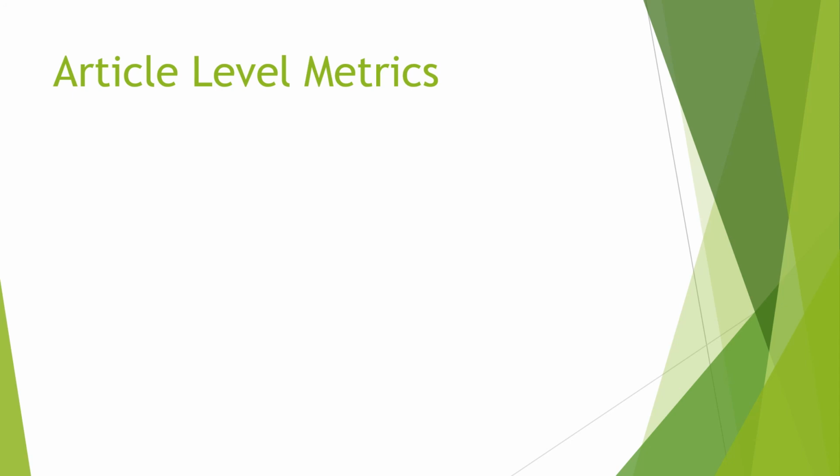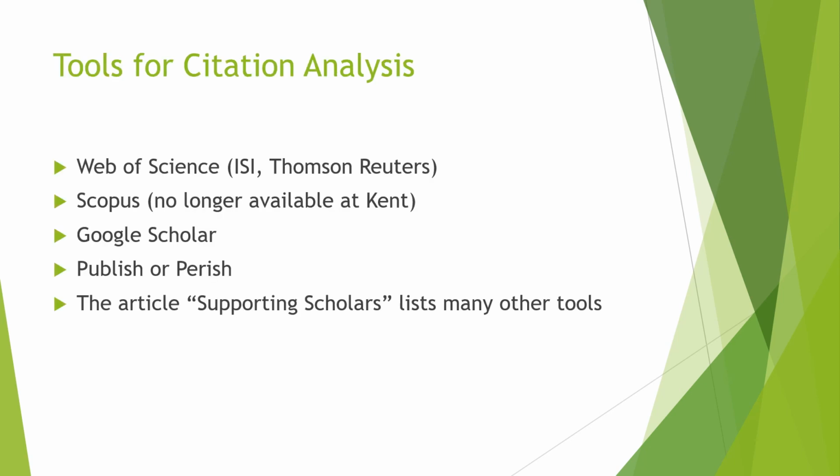Now, occasionally, altmetrics gets confused with article level metrics. I just point that out to you, and you see we have an empty slide here, and that's because you have an article to read on article level metrics as one of your assignments, and it does differentiate for you the difference between altmetrics and article level metrics.